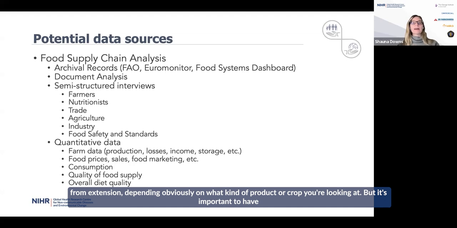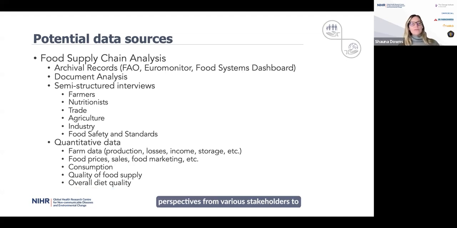But it's important to have perspectives from various stakeholders to fill in the gaps. So the idea is that through all these pieces of data, you're starting to get a good picture of what's going on in the supply chain.